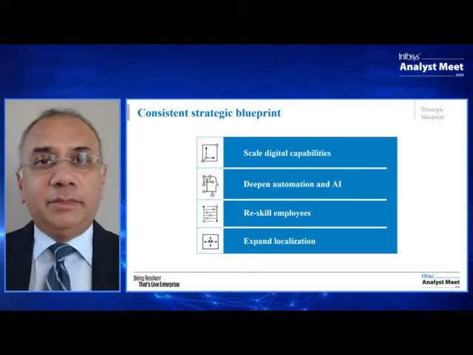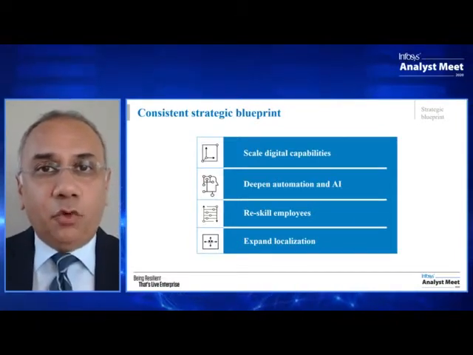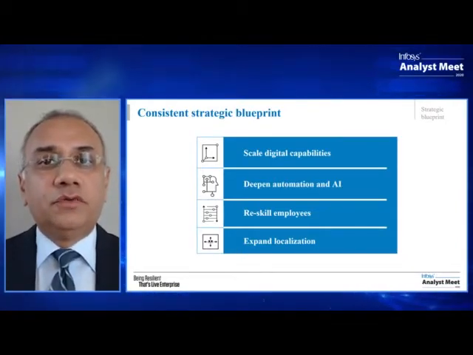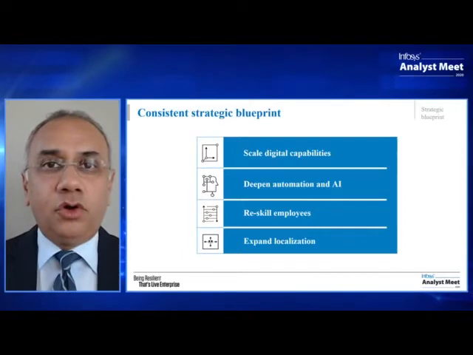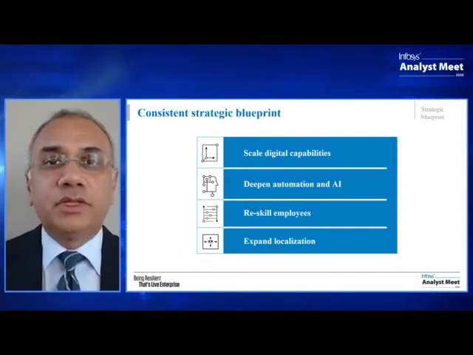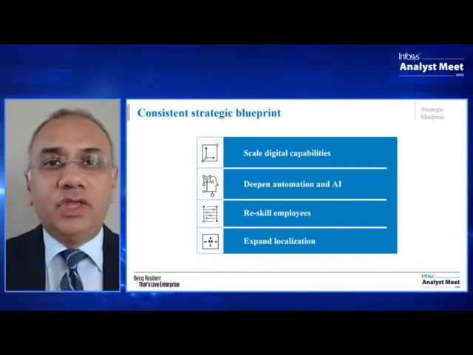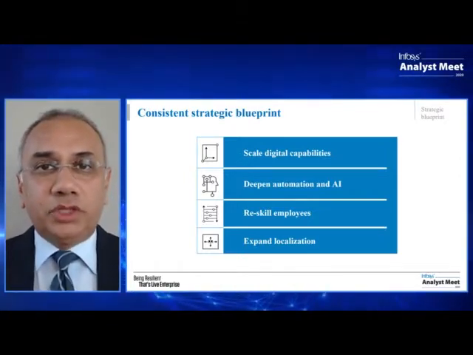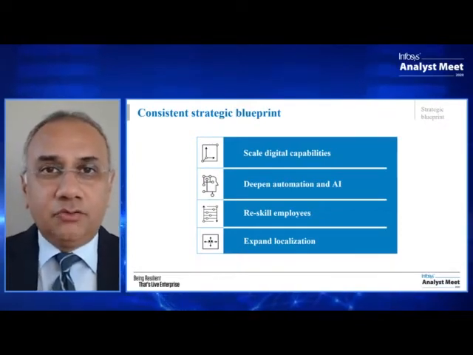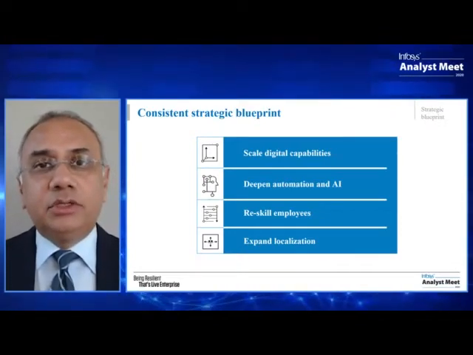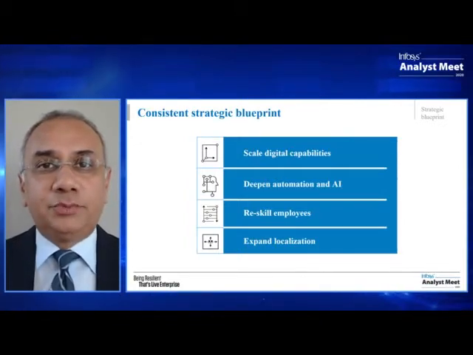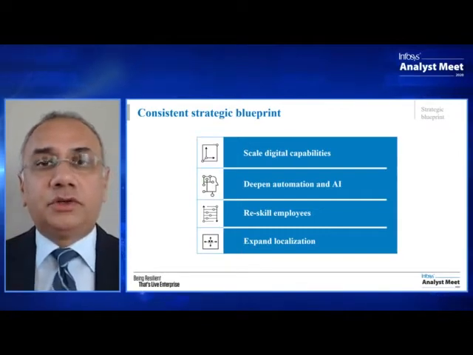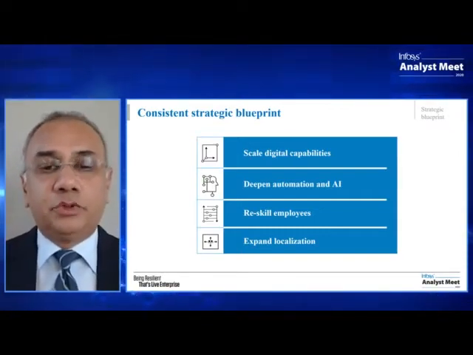With that in mind and keeping together what our strategic blueprint is, we've been consistent with this blueprint over the past 3 years. And there are 4 key elements of that blueprint. The first, we are scaling our digital capabilities, and I'll come to that in a couple of minutes, what that really represents. Second, we have an extreme focus to deepen the automation area and support it with artificial intelligence, improving everything in the core technologies of our clients and within our portfolio.